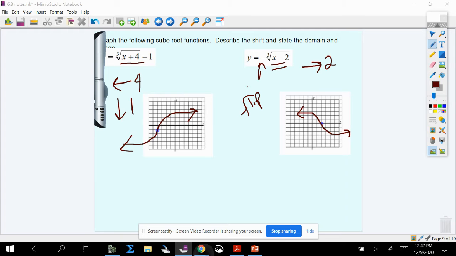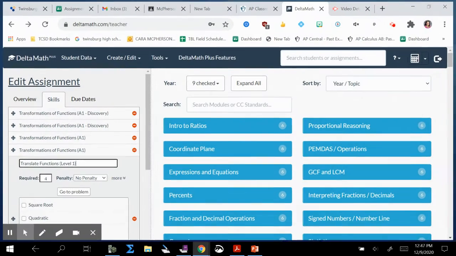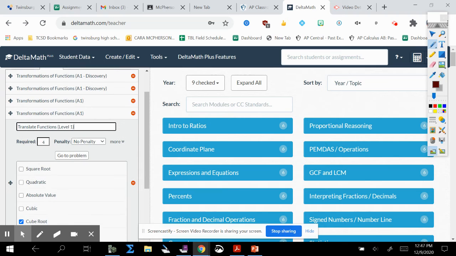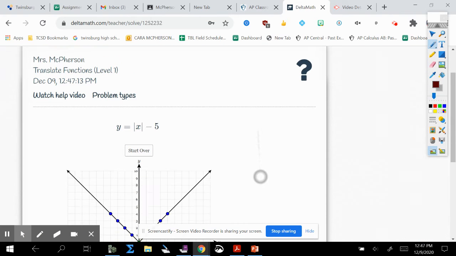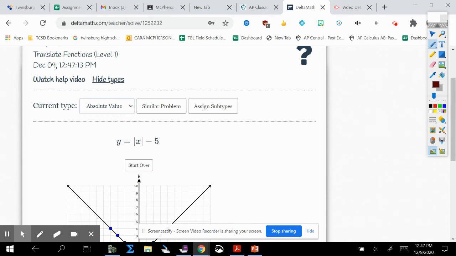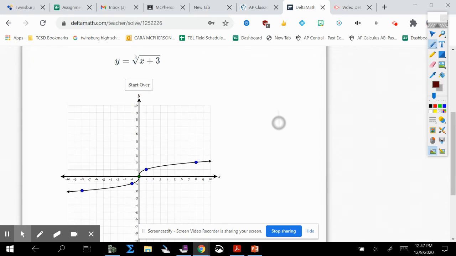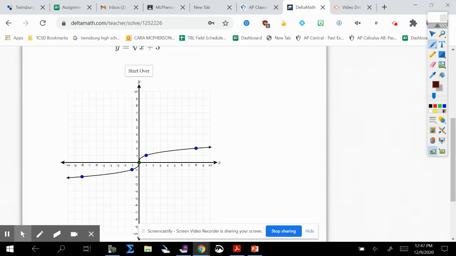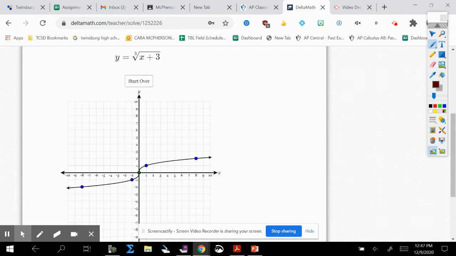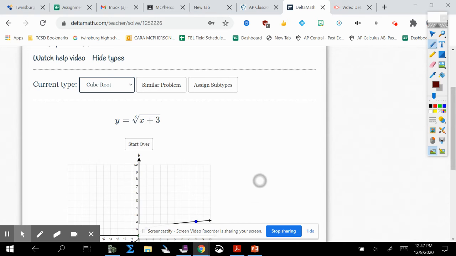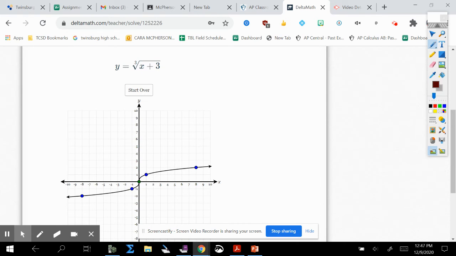Let me show you what Delta Math looks like. Let me specifically look at cube root functions. It's going to ask you to find this x plus 3 value.